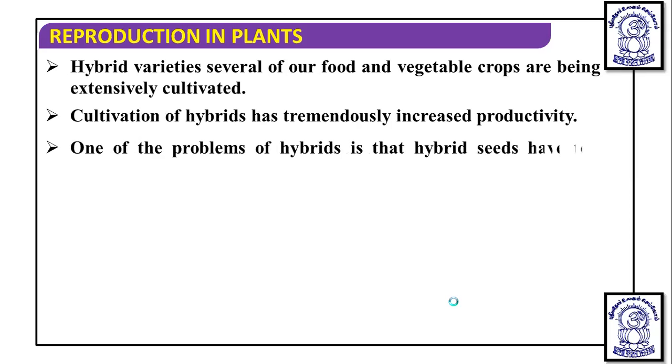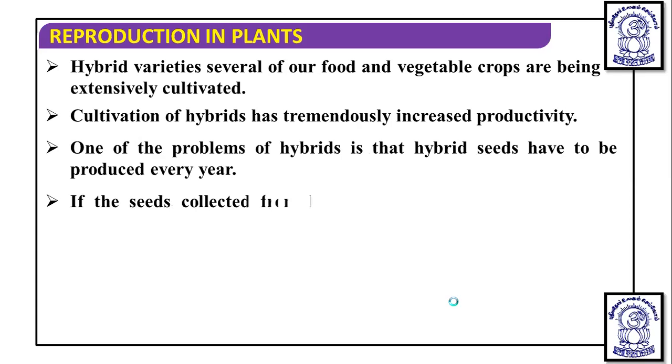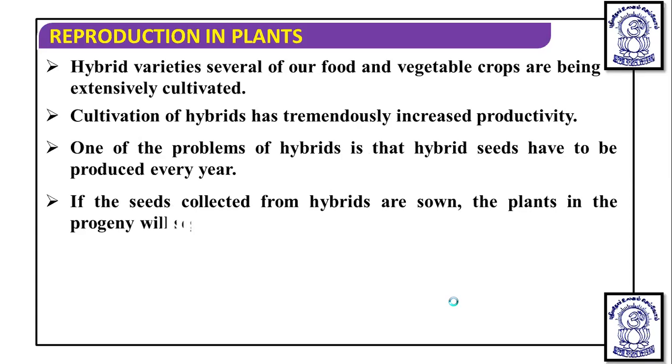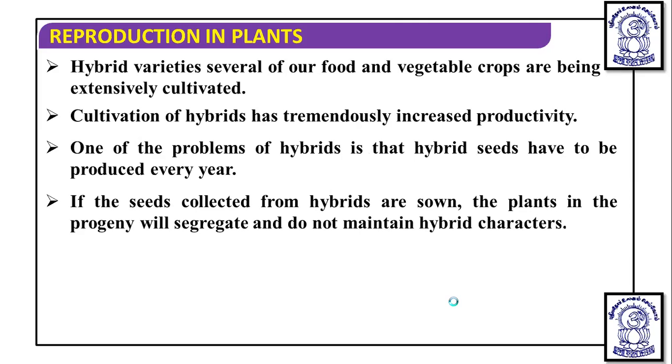What are the problems of hybrids? One of the problems with hybrids is that hybrid seeds have to be produced every year. If the seeds collected from the hybrid are sown, the plants in the progeny will segregate and not maintain the hybrid character. Meaning the hybrid character is going to be conserved for only one generation. It is not going to be conserved from generation to generation. Okay, so there is a need for production of hybrids every year.